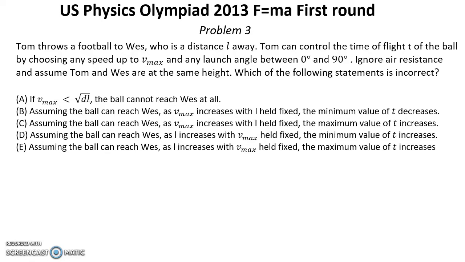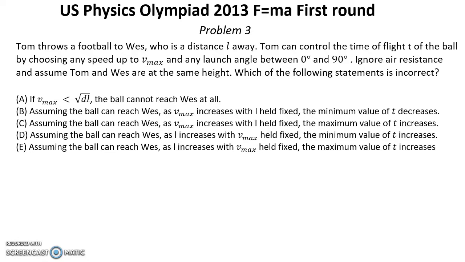A. If V maximum is less than the square root of dl, the ball cannot reach Wes at all. B. Assuming the ball can reach Wes, as V maximum increases with L held fixed, the minimum value of T decreases. C. Assuming the ball can reach Wes, as V maximum increases with L held fixed, the maximum value of T increases.